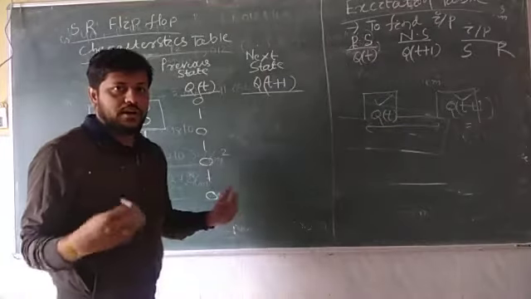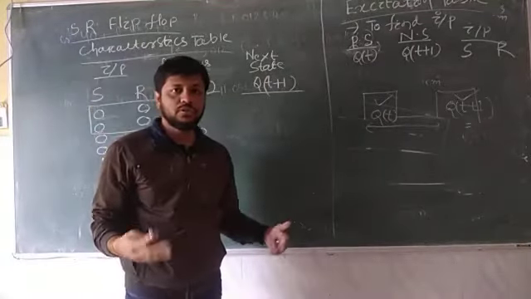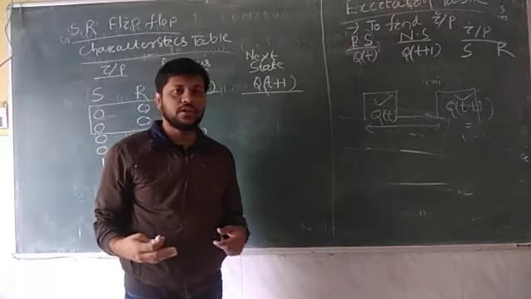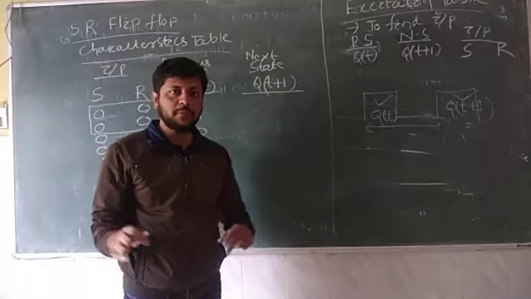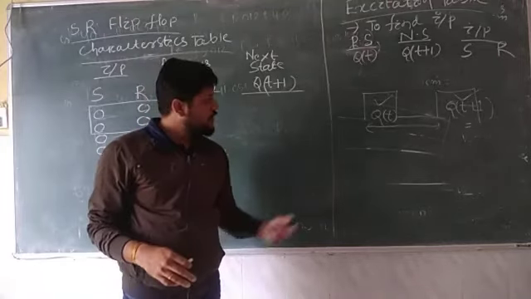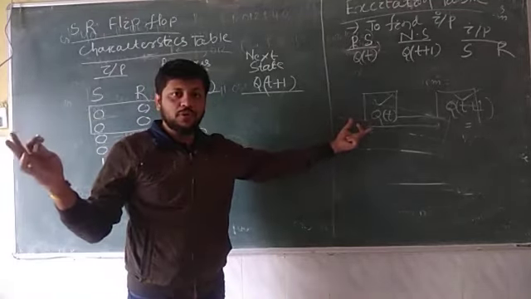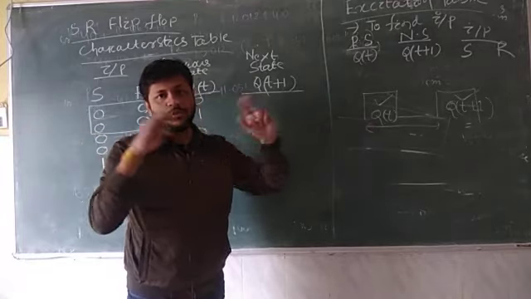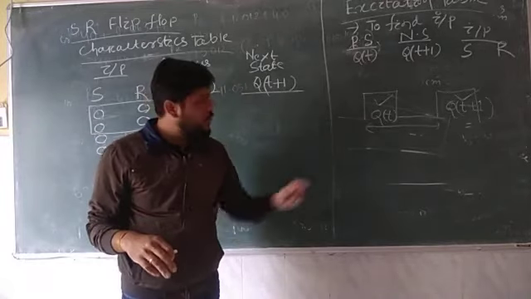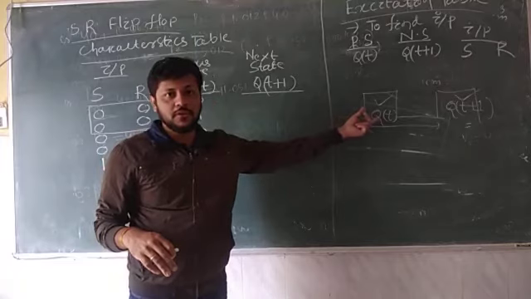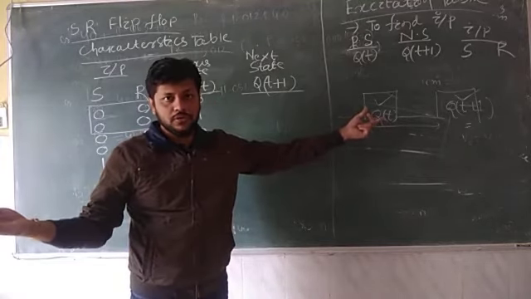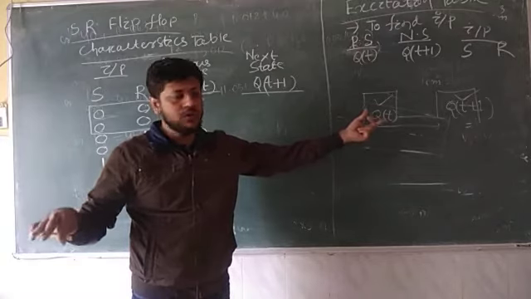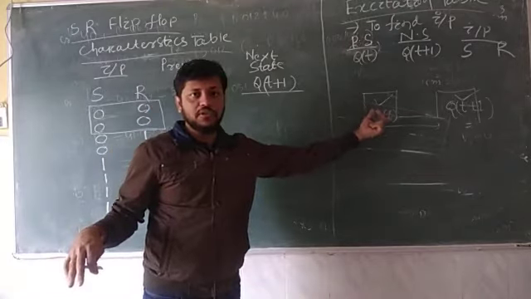And I have already extensively discussed the importance of this trigger circuit or clock pulse in your flip flop, and how a flip flop is different from a latch. The sequential circuit system will respond only when this clock pulse is active. That means you will get the output only when this clock pulse is active.